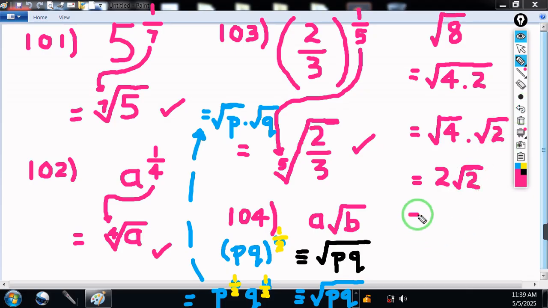So if you look very, very carefully, the instruction was this. Express the following in the form A root B. So isn't this A? Isn't this root?